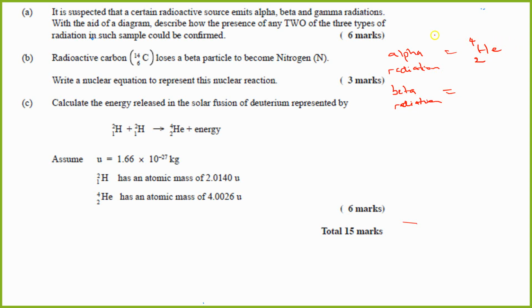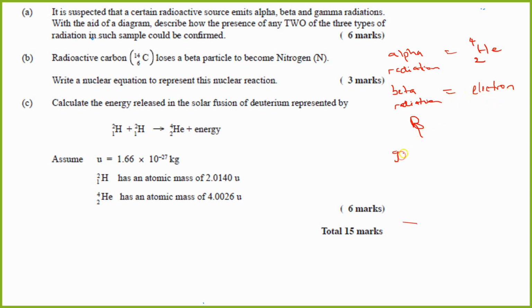I forgot the symbol. I remember this one. For beta, the symbol would be this. And as I was saying, a beta is basically an electron. So beta is an electron basically.